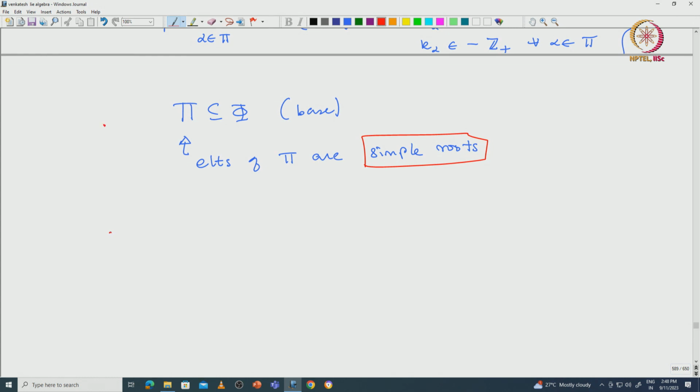Now you can also define positive roots and negative roots, with respect to these coefficients being either non-negative or non-positive. That is also well motivated. So, what are positive roots?